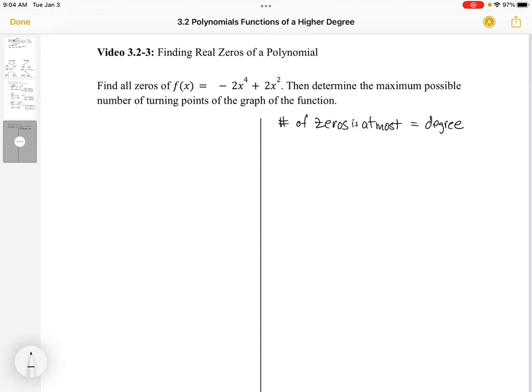So if we look at this example above, it says find all zeros of f of x equals negative 2x to the fourth power plus 2 times x squared, so the number of zeros is at most equal to 4.